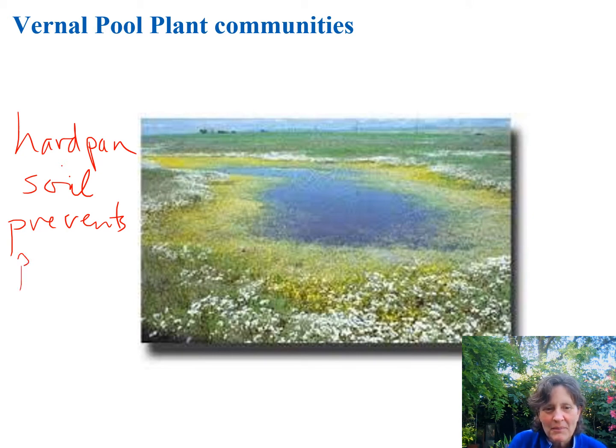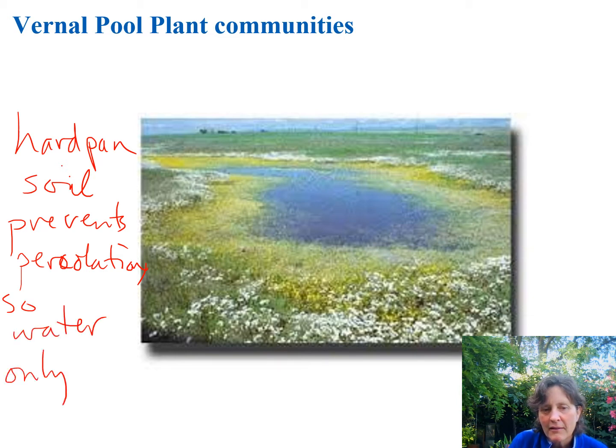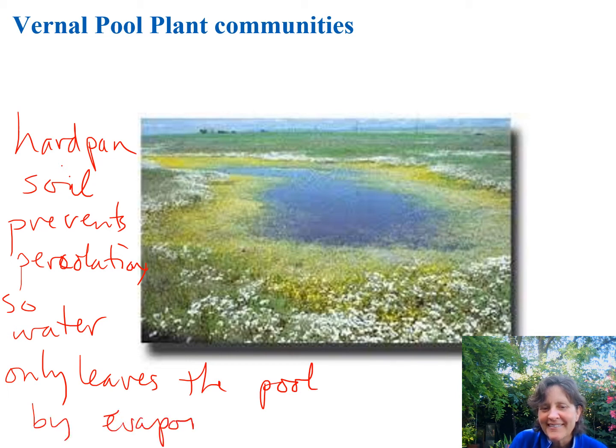Do you remember? Prevents percolation of water. So the water only leaves the pool by evaporation. And so you get these really cool fairy rings of flowers, yellow and white and purple, down at the bottom. This is water right now in this pool.